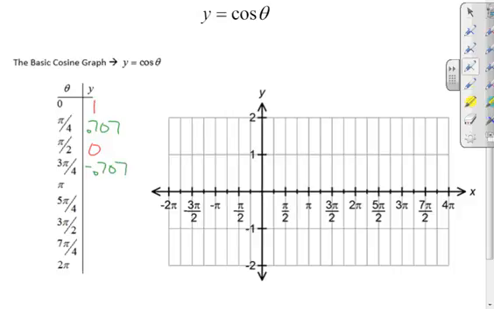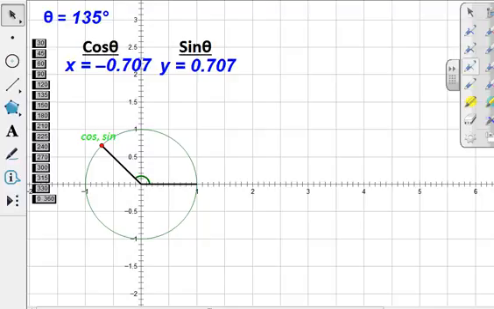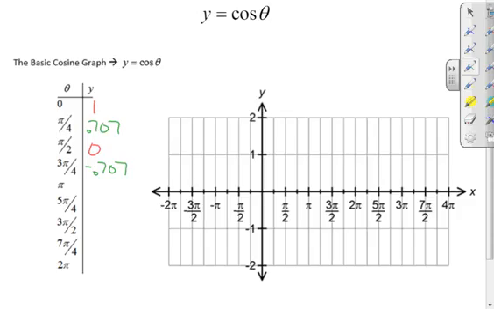The next 2 values are pi and 5 pi quarters, which are also known as 180 degrees, where I get negative 1, and 225 degrees, where I get negative 0.707. And in the third quadrant, that makes sense that you would think cosine would be negative.